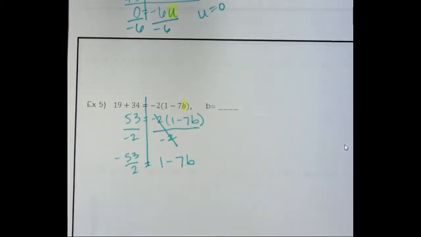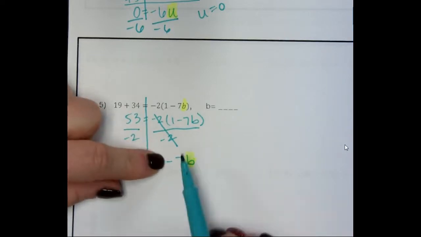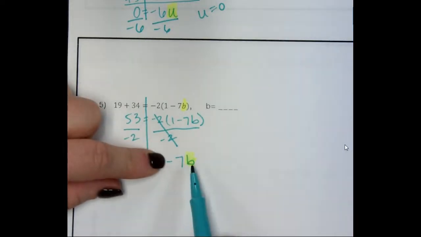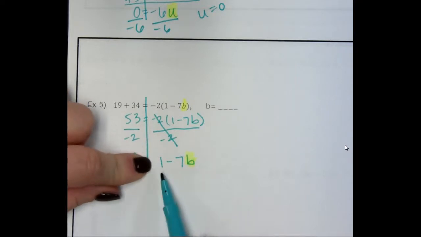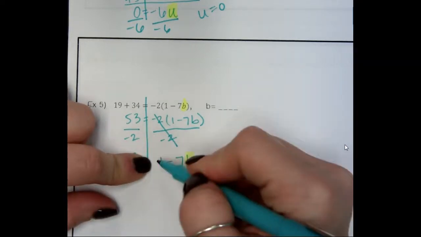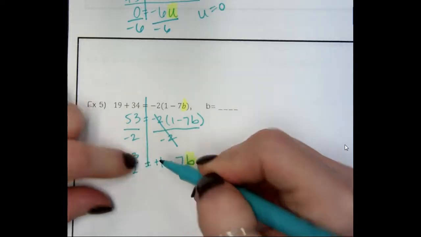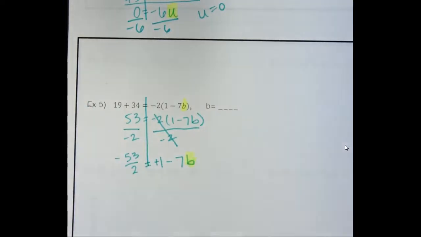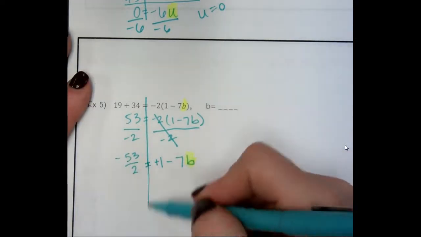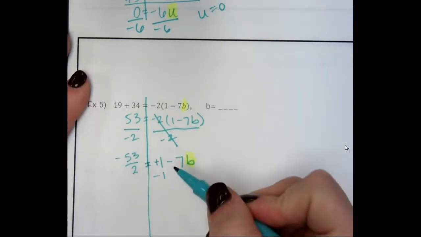And again, my goal is still to get b by itself. So I see this subtraction sign, but that subtraction sign goes with the 7. And I'm not ready to use the 7 because I have to get rid of this 1 first. So if there's not a symbol, I always put a little plus sign. It kind of helps me out. So I have a positive 1 or a plus 1. So the opposite of plus 1 would be minus 1.